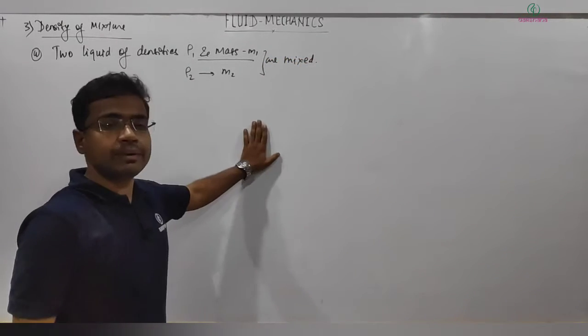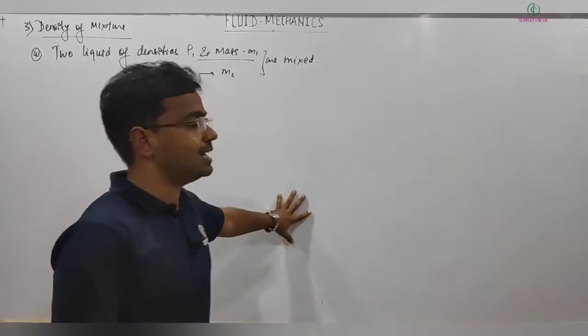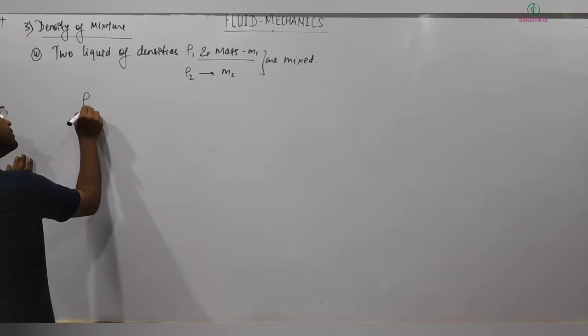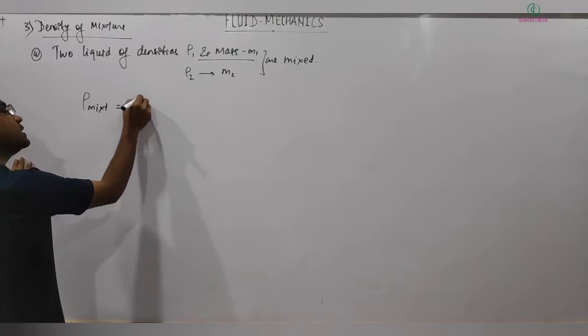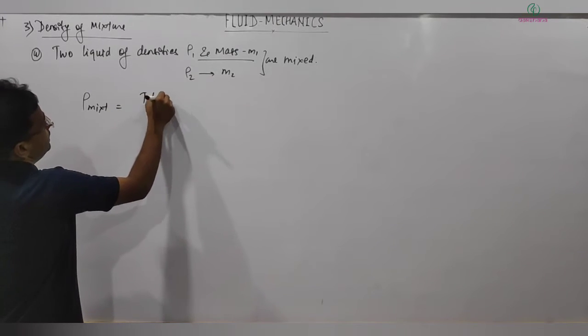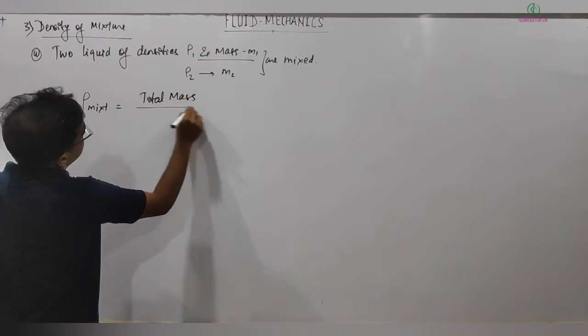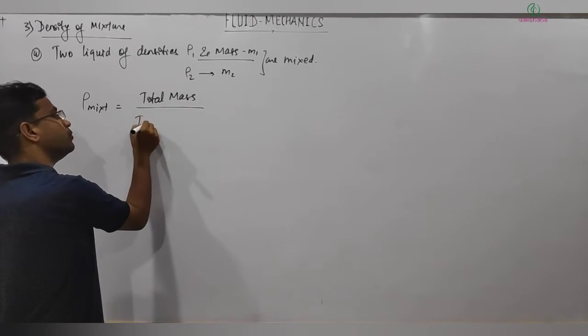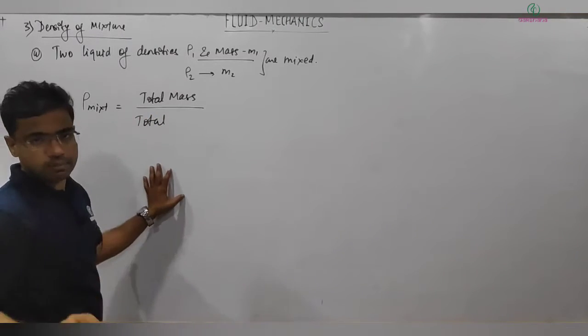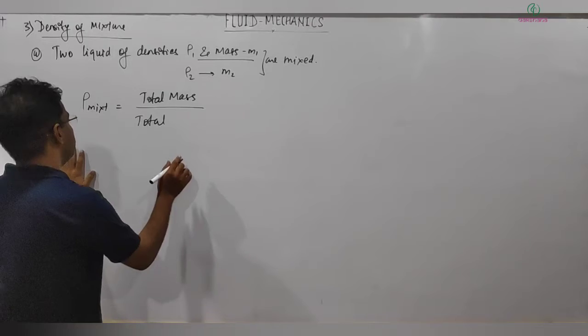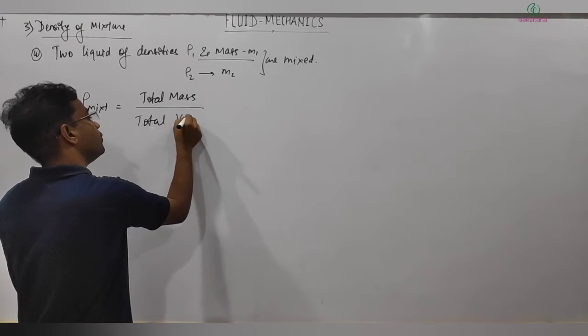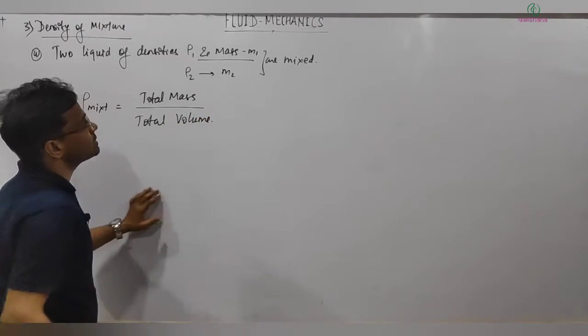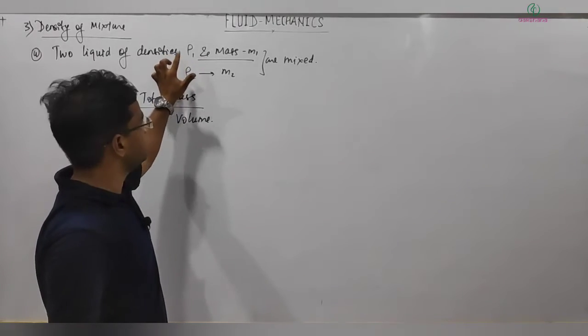Whenever density of mixture is asked, the basic formula for density of mixture is total mass divided by total volume. That is the basic formula for calculating density of mixture.